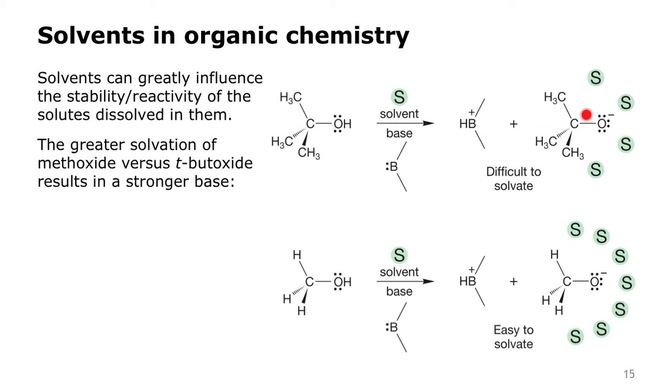And that disfavors the equilibrium, and as a result, t-butanol is slightly less acidic. So it's really not less acidic because of anything structurally different in the acid. It's less acidic because of the stability of the conjugate base anion in the solution that's formed.